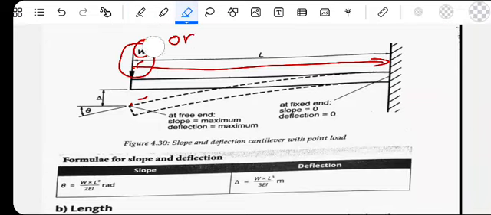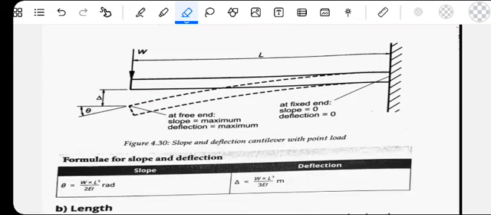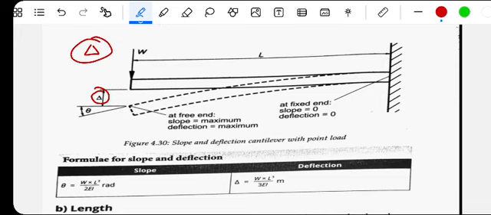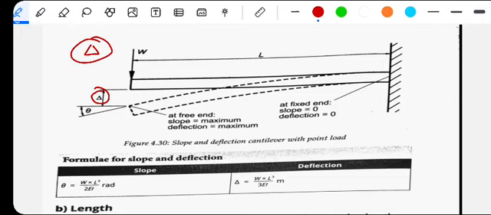You'll have one deflection. Deflection is calculated by this sign, which represents deflection. All right, that is our deflection. And then check at the free end, the slope is equal to maximum. The deflection there is at the maximum.